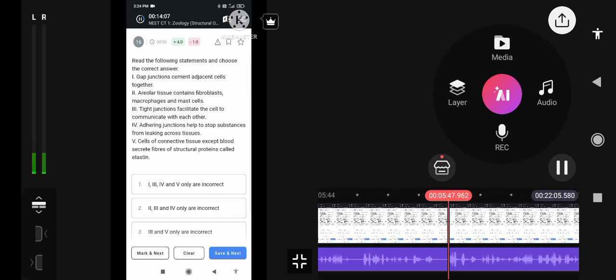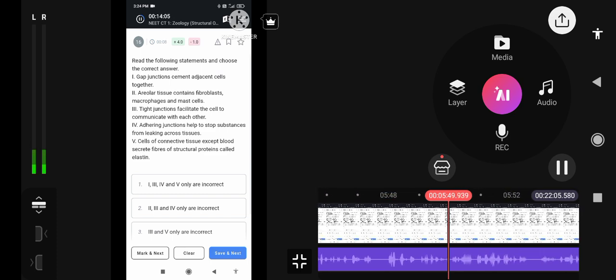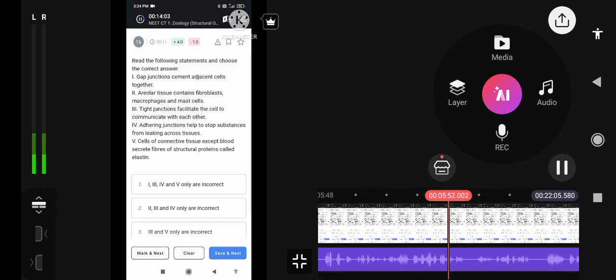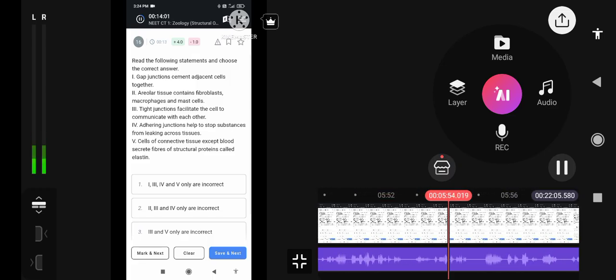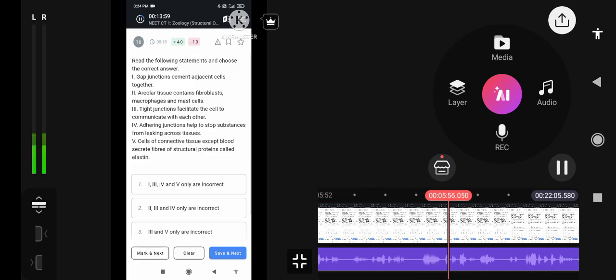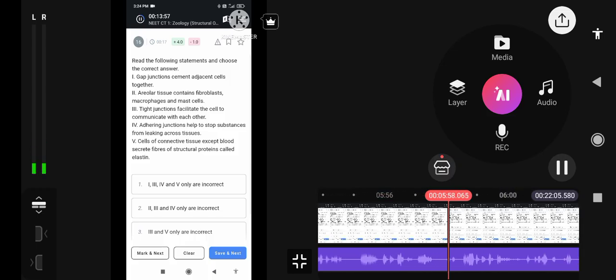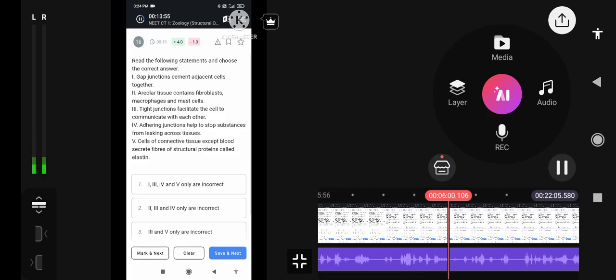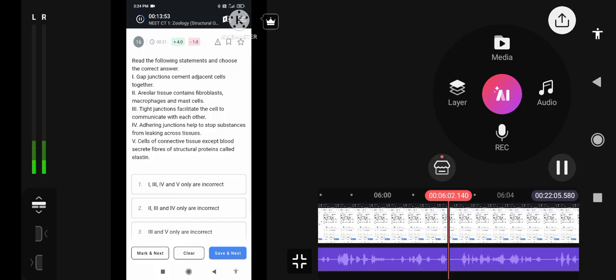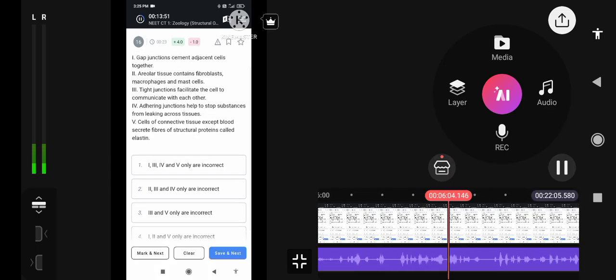Read the following statements and choose the correct option. Gap junction cement adjacent cells together. No, this is something other. First is false. Areolar tissue contains fibroblasts, macrophages and mast cells. Yes, second is true.